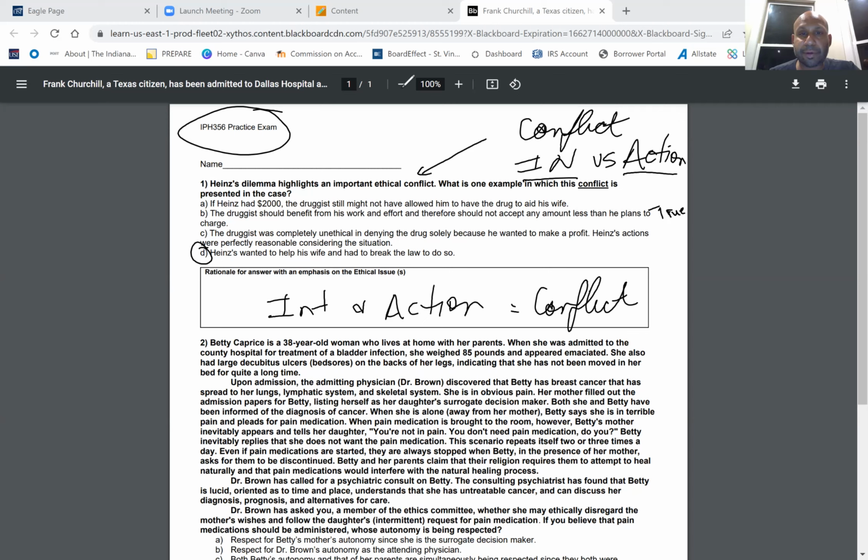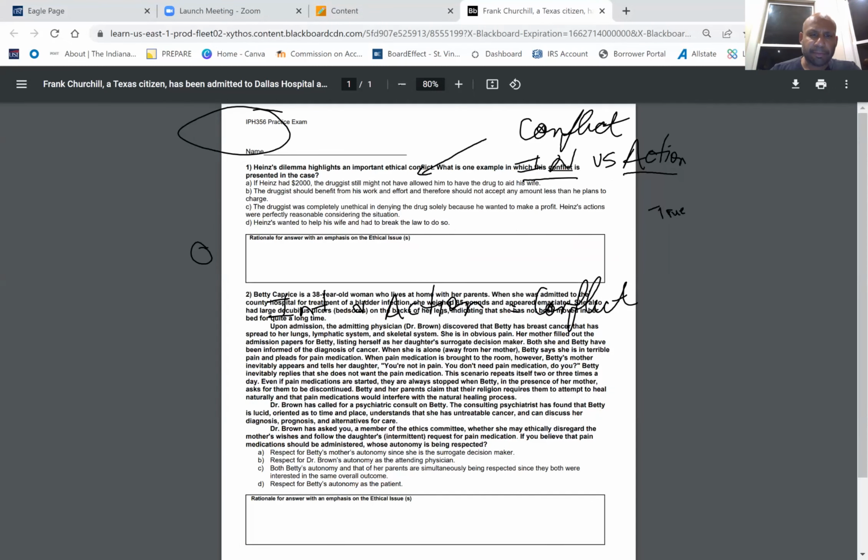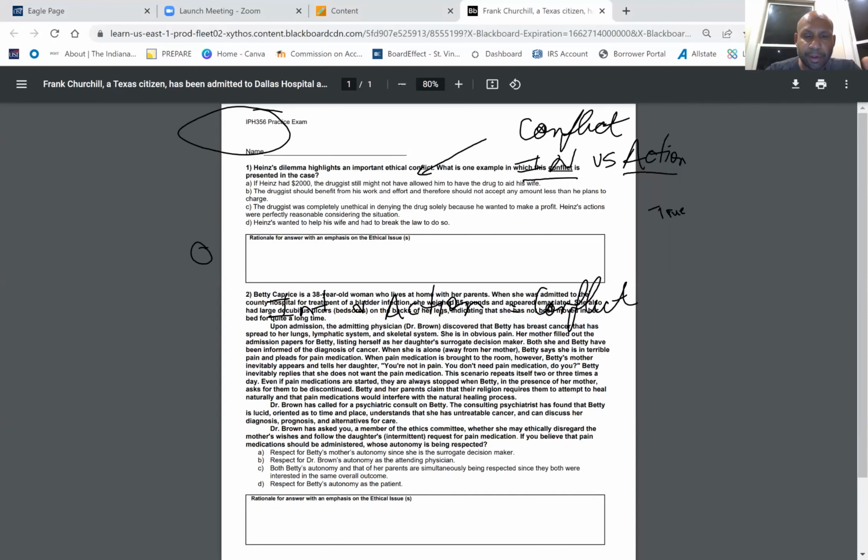Betty's autonomy is being respected. So what I would invite you to do in this case is really sort of underline, highlight what is happening here, what really makes sense and what doesn't make sense. And so Betty's autonomy is the one that's really being respected, especially if the pain medication should be administered.